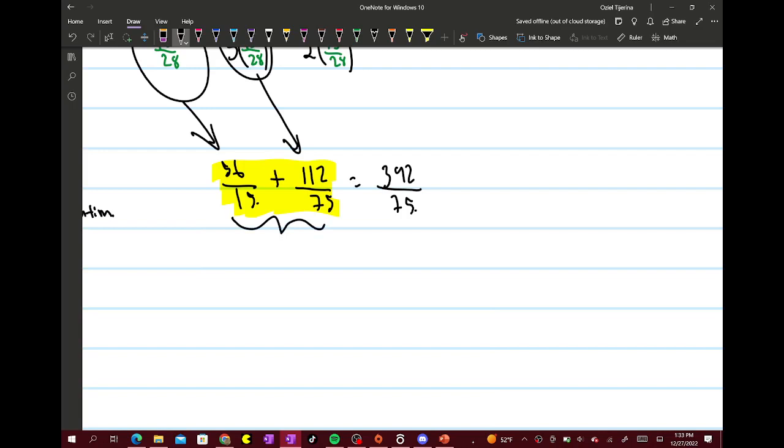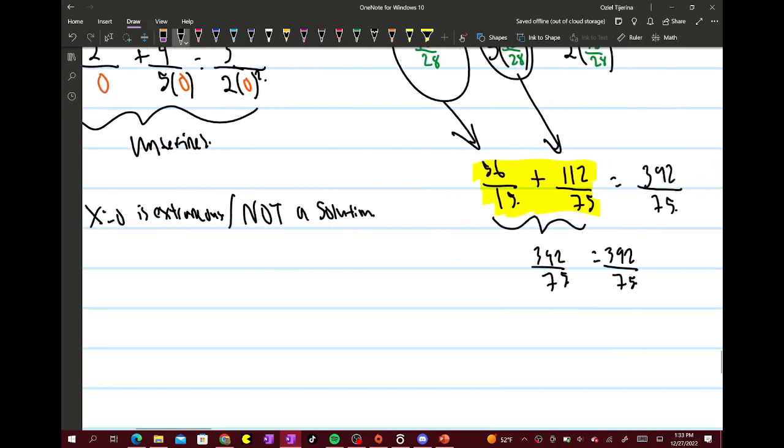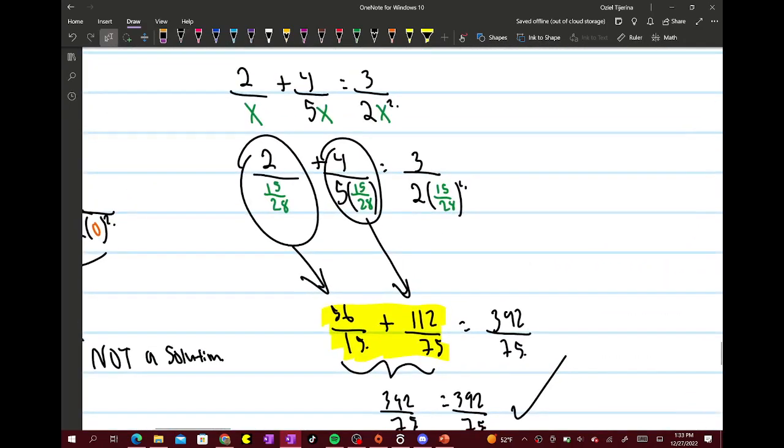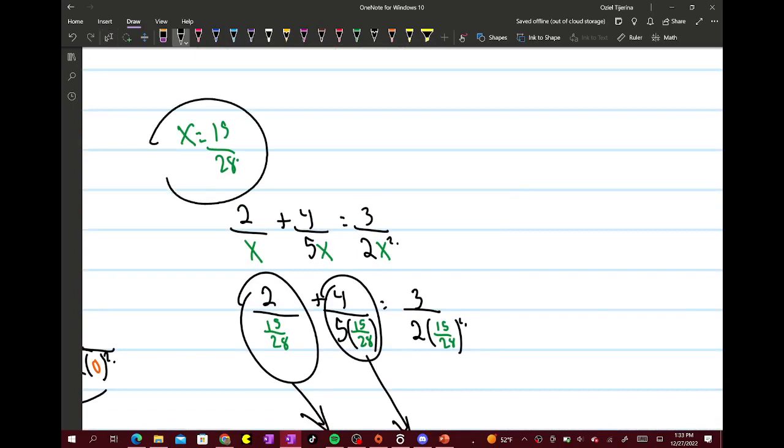So this is 392 over 75, which is equal to 392 over 75. So this one satisfies the equation, right? So your solution would be x equals 15 over 28.